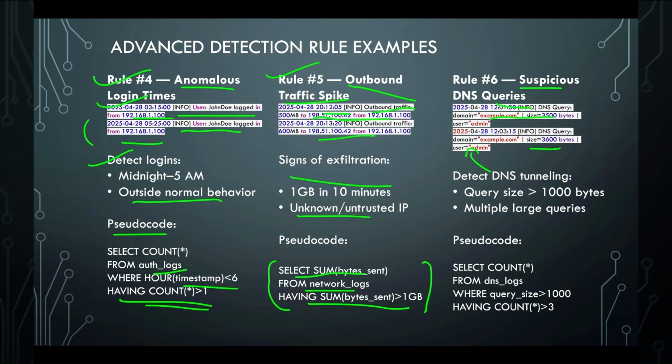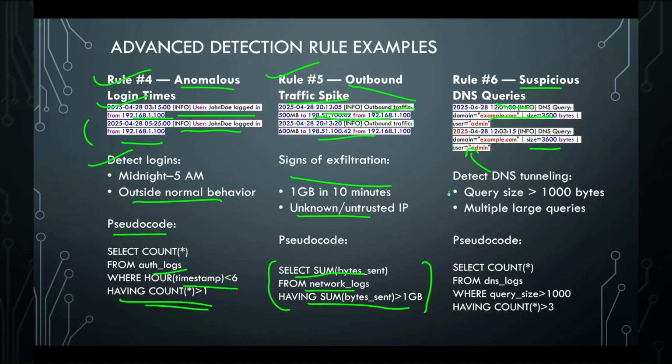So the condition we can use here: look for unusually large DNS queries, meaning DNS queries that exceed a specific size like 1000 bytes or more, and then the timestamp: multiple large DNS queries from the same source in a short period, like within 5 minutes.